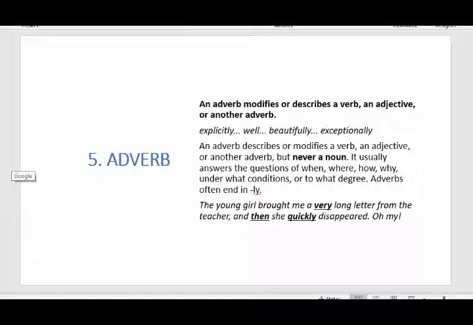An adverb is a word that describes or modifies a verb, and in some cases, an adjective or another adverb. Examples of adverbs could be explicitly, well, beautifully, exceptionally, and so on.